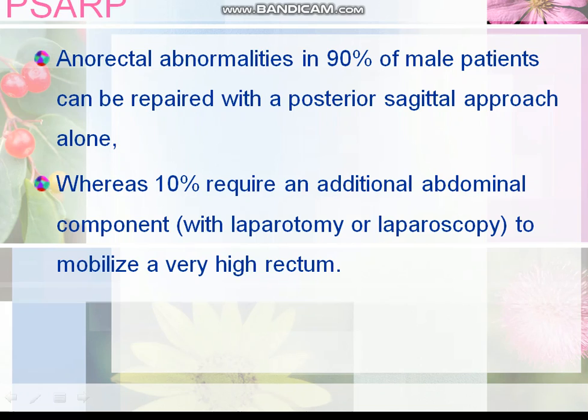However, in 10% we may require an additional abdominal component to mobilize a very high rectum. So in 90% of children the posterior sagittal approach is enough, but in 10% of children with high anorectal malformation it is difficult to bring the rectum down with PSARP alone. So in those cases we may need another abdominal surgery.